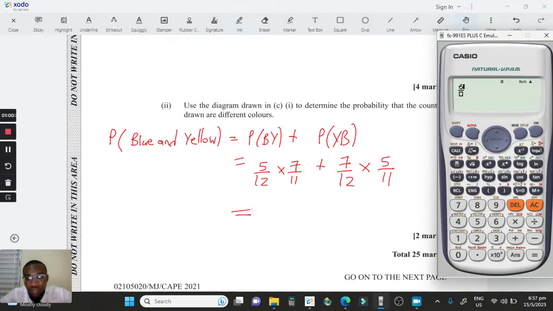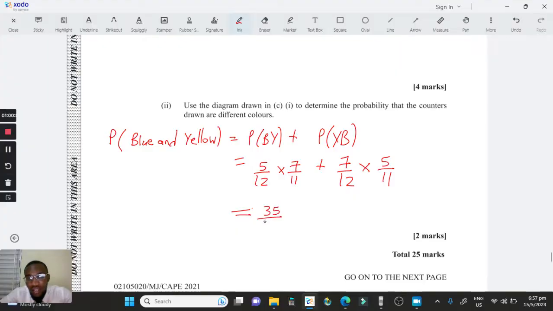That's giving us 35 over 66. 35 over 66. Easy. Nice.